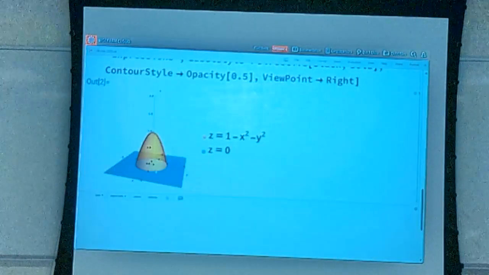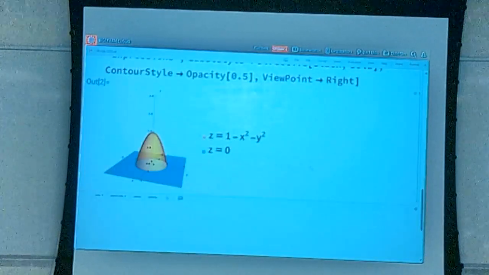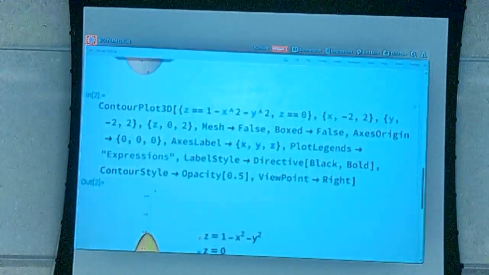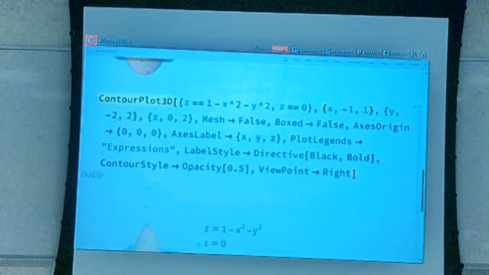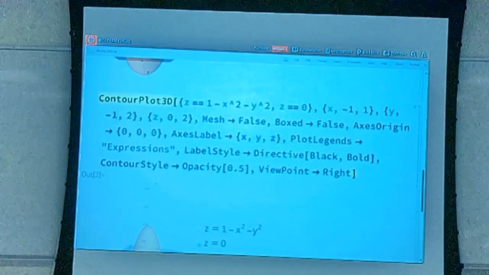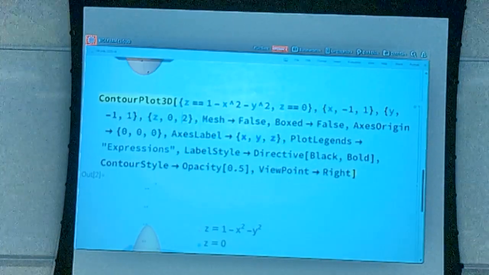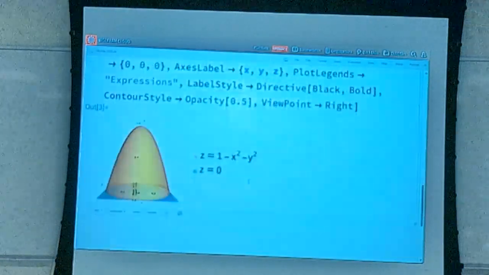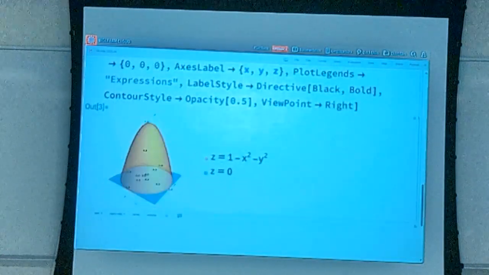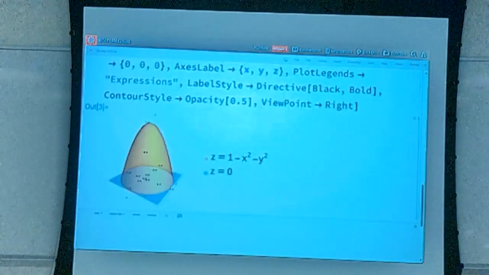So we can shrink this down even further if we really wanted to. Everything's going to be minus 1 to 1, except for z, which will be 0 to 1. And why not? That looks good.